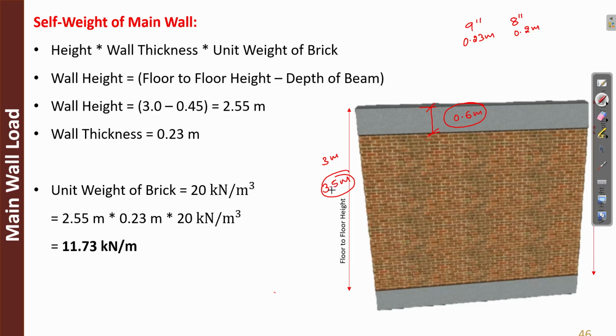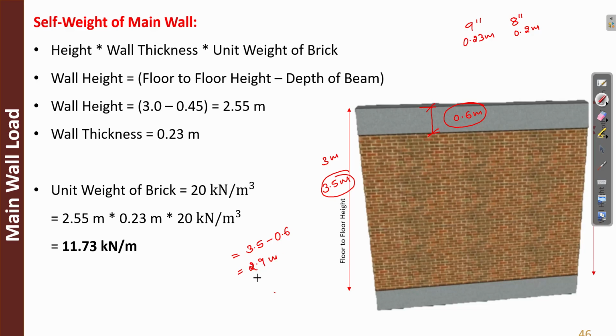So if your floor to floor height is 3.5 meter, what is the wall height? 3.5 minus 0.6. What is the answer? 2.9 meter is your height of wall.